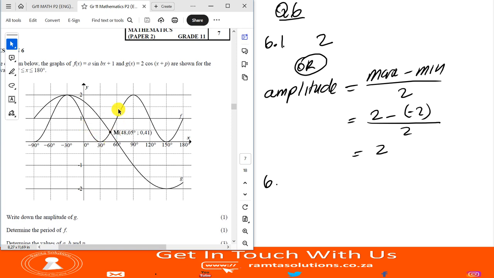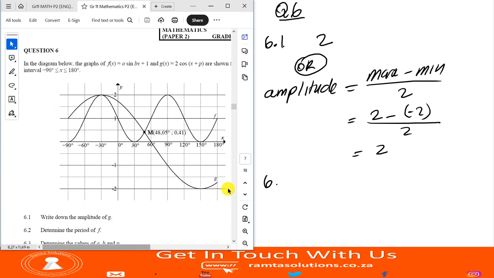This is half a wave. This is a full wave. Remember, a full wave is made of a minimum and a maximum. So it starts here, half of it, and it ends here. So what is our period? Our period is 120 degrees. So 6.2, our answer is 120 degrees.